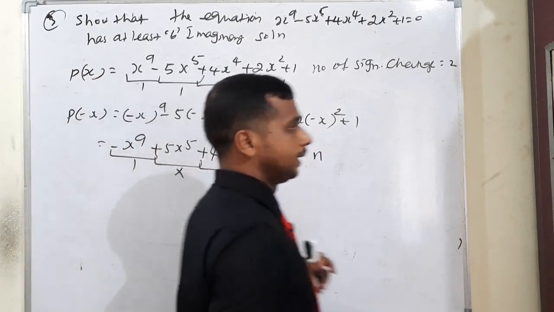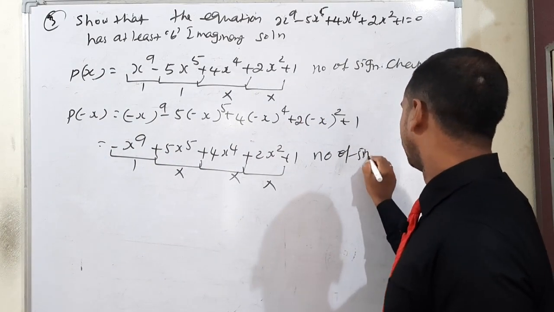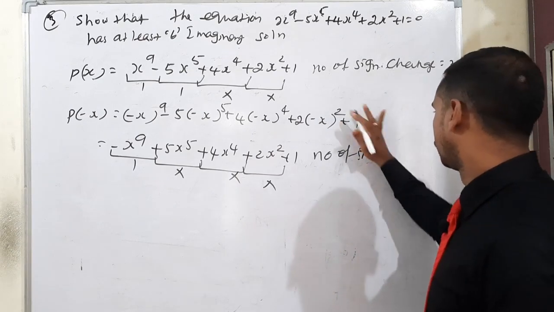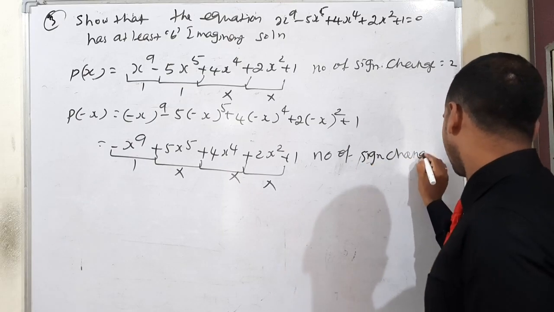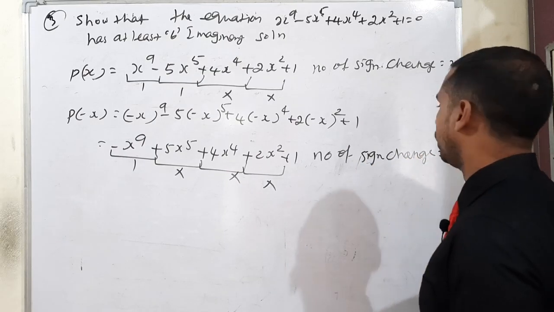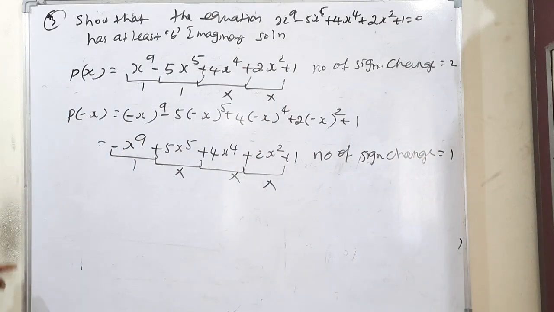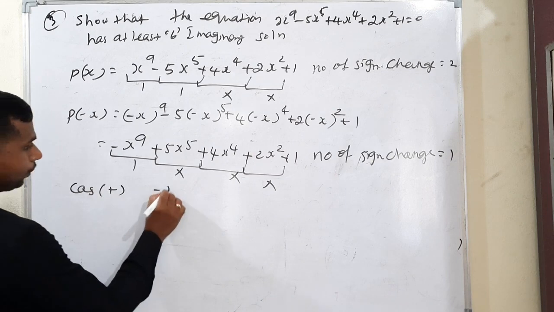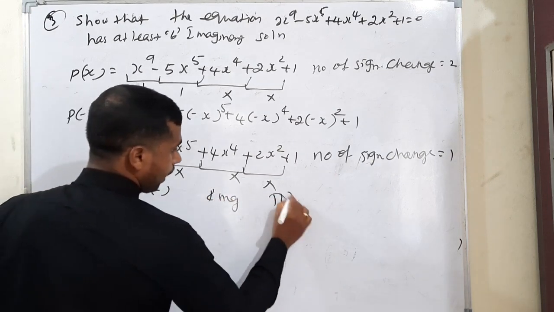Therefore, the number of sign changes is equal to the number of negative real roots, which is only 1. So what are the possible cases? Case number 1, case 2: positive, negative, imaginary and total.